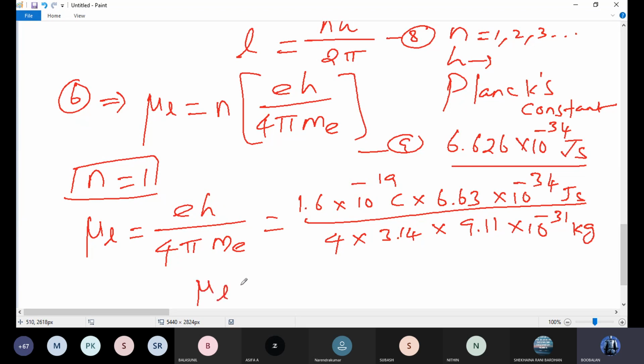Listen, that mu L is equal to mu B. It is called the Bohr magneton, mu B. That mu L equal to mu B. That mu B value, that mu L, is a minimum value, so it is called the Bohr magneton.